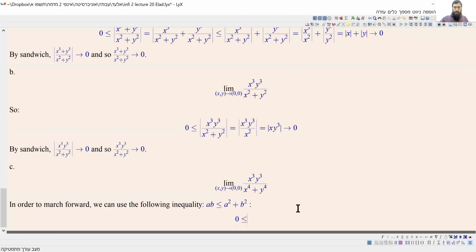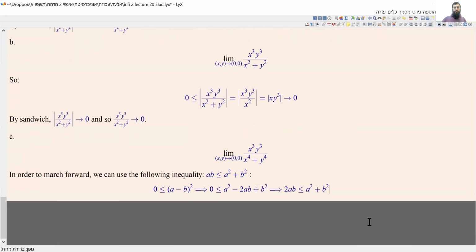We know that a minus b squared is greater than 0, which yields a squared minus 2ab plus b squared, which gives us that 2ab is always smaller than a squared plus b squared.